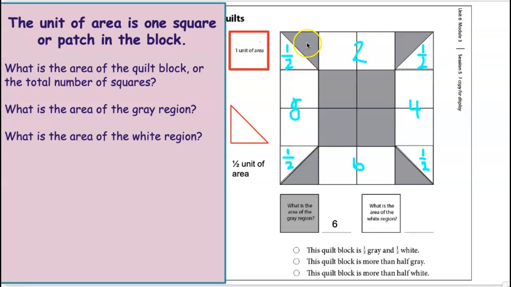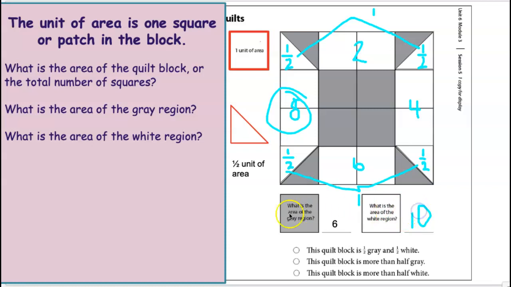So now I'm going to put my halves together. So this half and this half make one, and this half and this half make another one. And now I can count up all my parts. So I know I counted by twos to get 8, and now I have 9, 10. 10 units. What is the area of the white region?